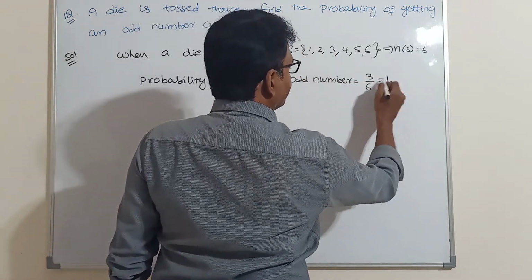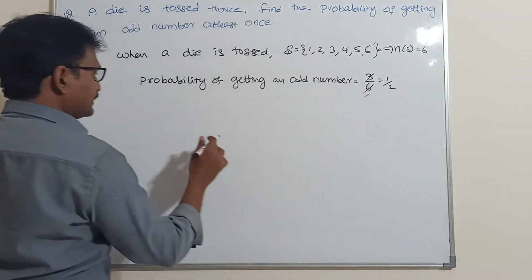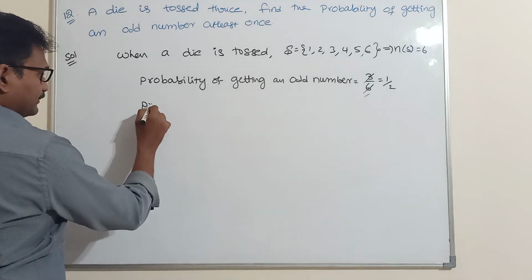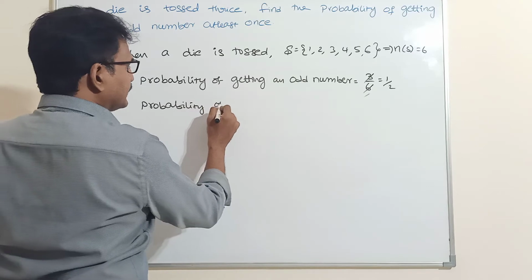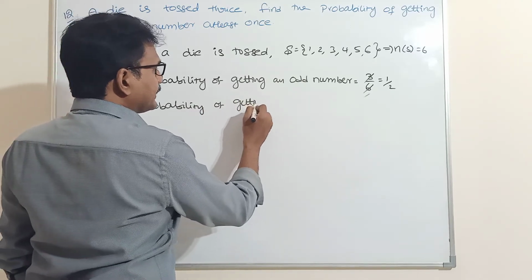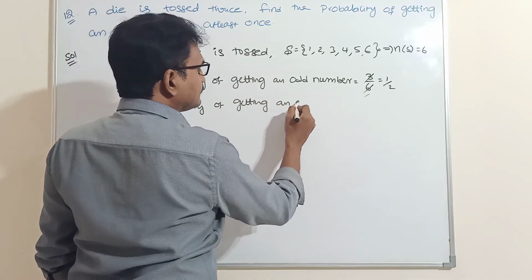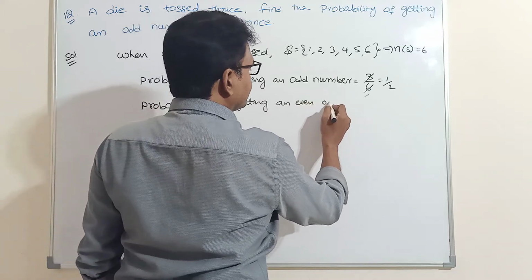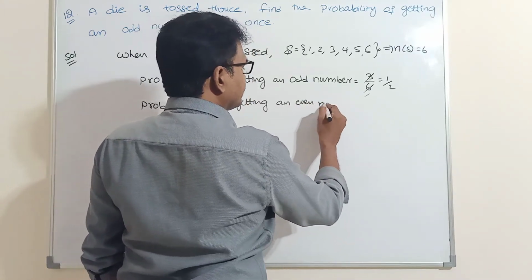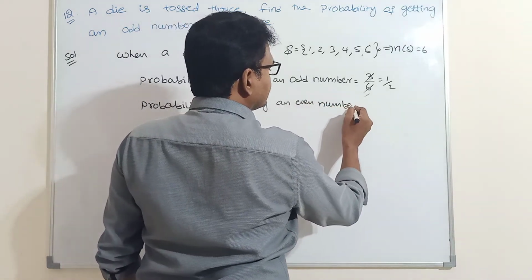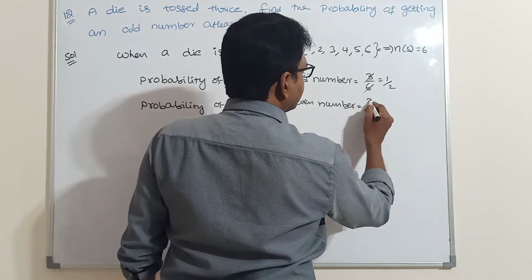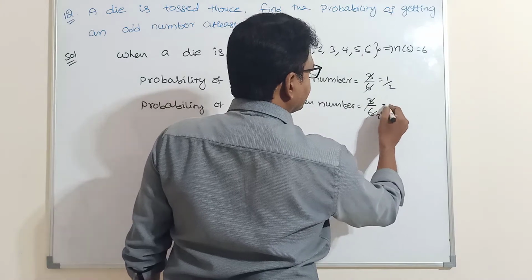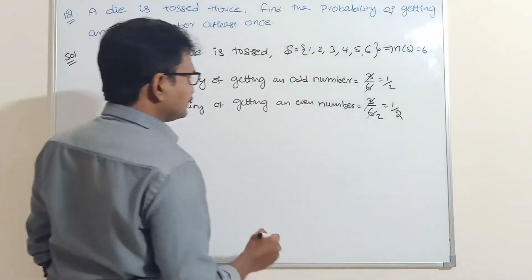That means 1 by 2. Next, similarly, probability of getting an even number is also 3 by 6. That means 1 by 2.